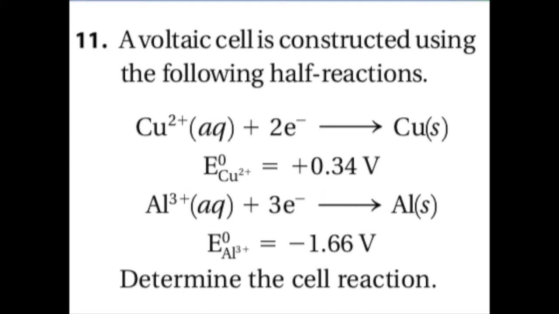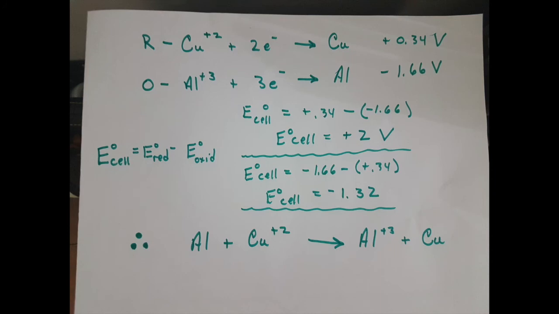So the copper plus 2 to copper is going to go reduction, and the aluminum to aluminum plus 3 is going to be the oxidation. And I have it written out. And so I have these two reactions. They're both reduction reactions.